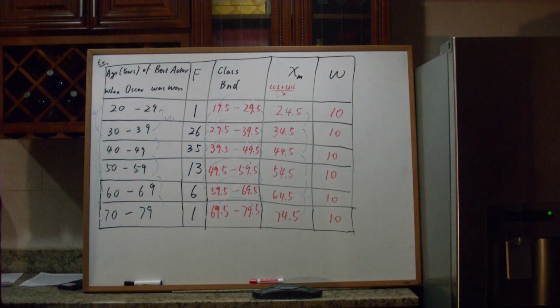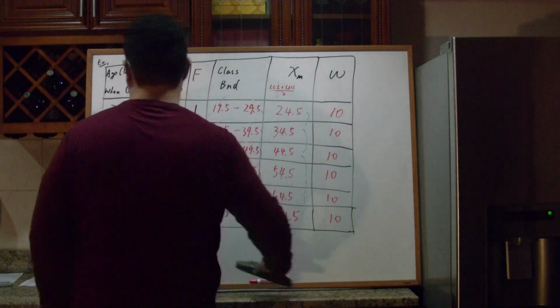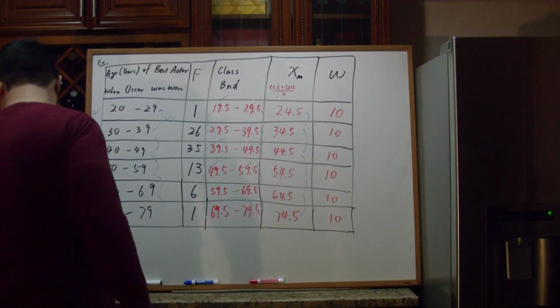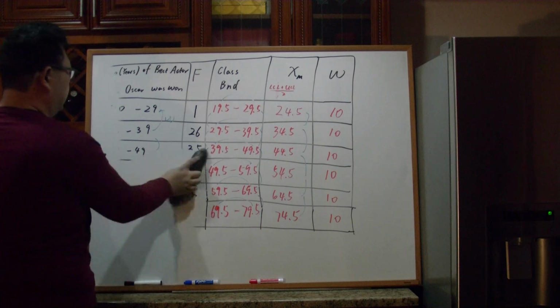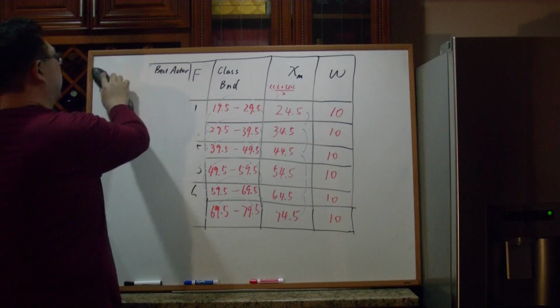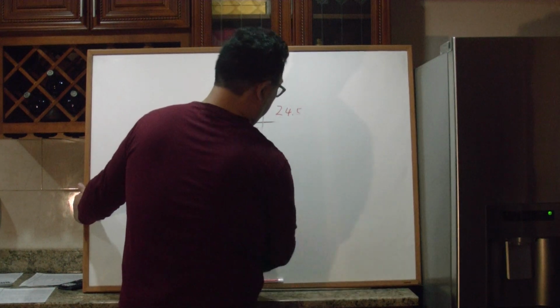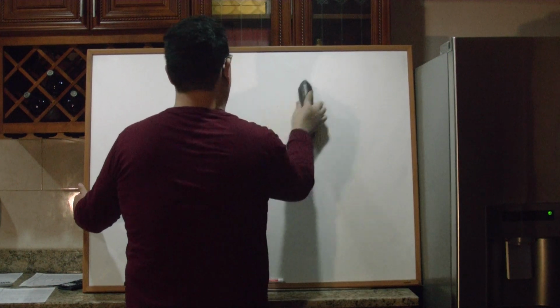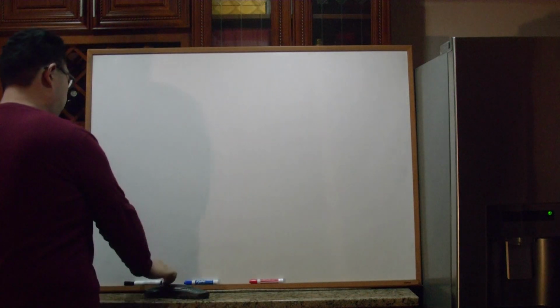Right, everything should agree with the class width. That is another example we can see to find the class boundaries and midpoint and so on. We use them to draw a graph later on.